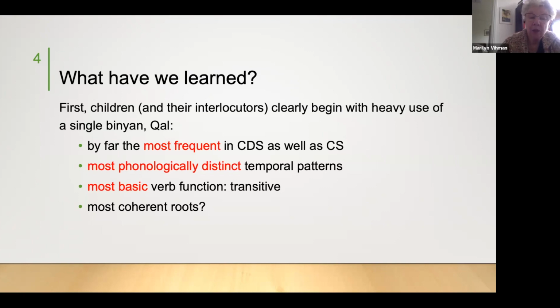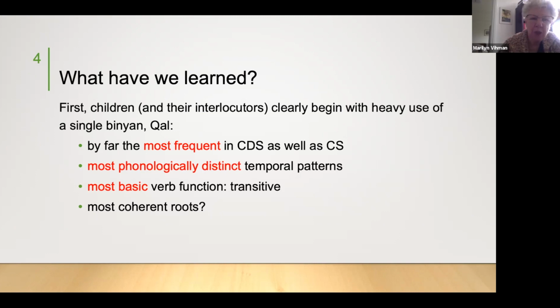One reason is that it's easy for the children, I think, is that the temporal patterns are the most phonologically distinct in that particular conjugation. And then another reason perhaps why it's used so much more by the adults is that the verb function is the most basic. So you have basic transitive verbs expressed in that conjugation very often.